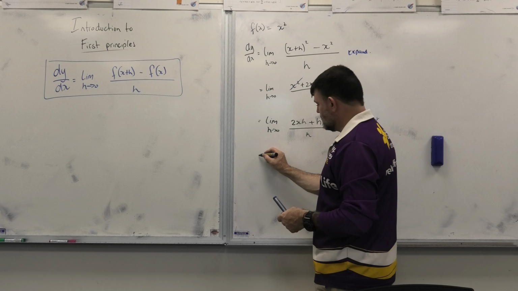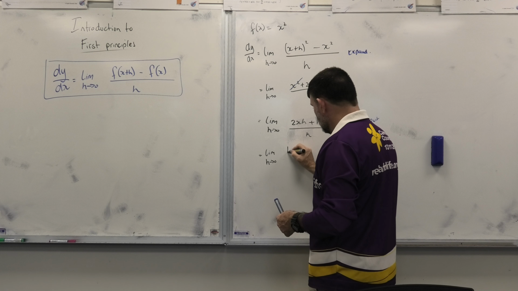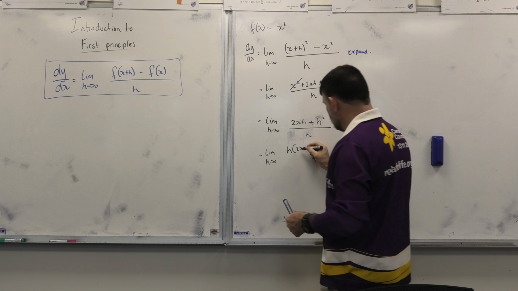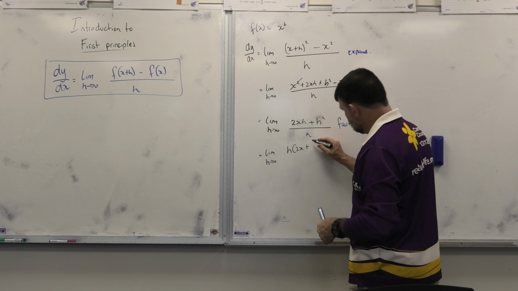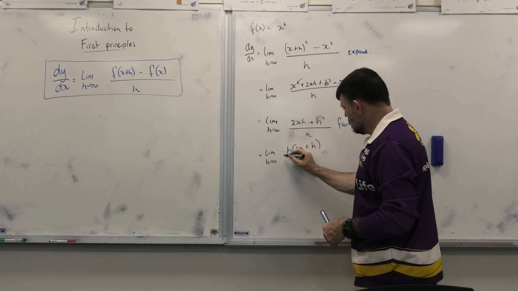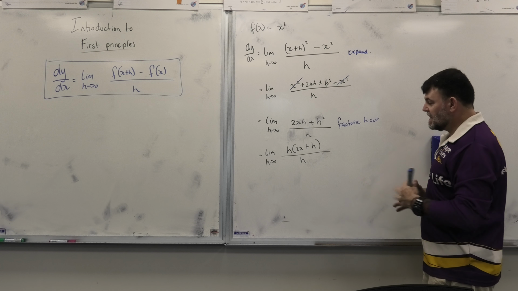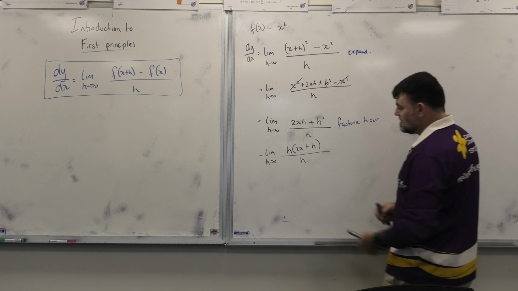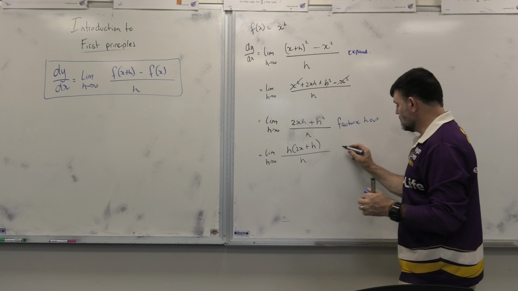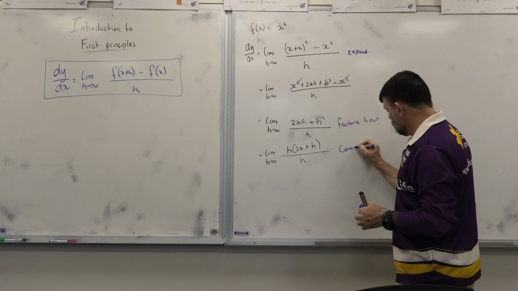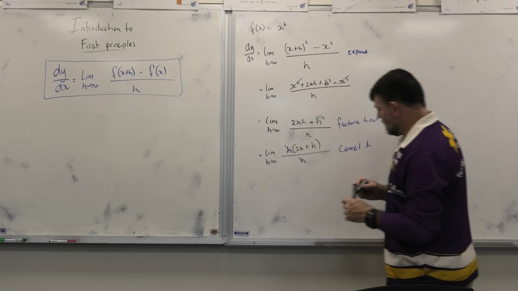So therefore I'll get the limit as h approaches 0, h(2x plus h) all over h. What this allows me to do now is cancel out my h's.